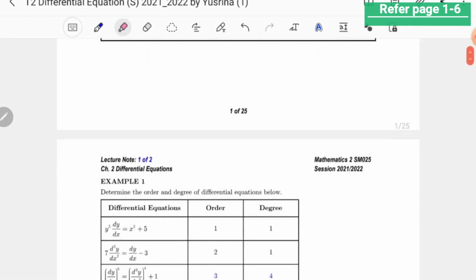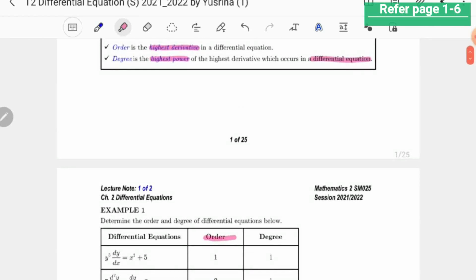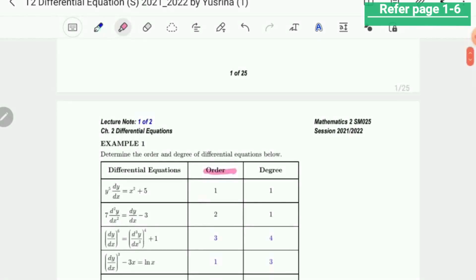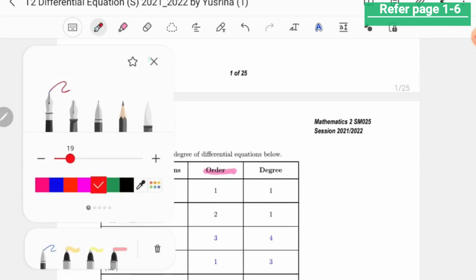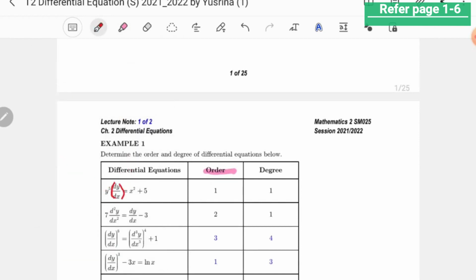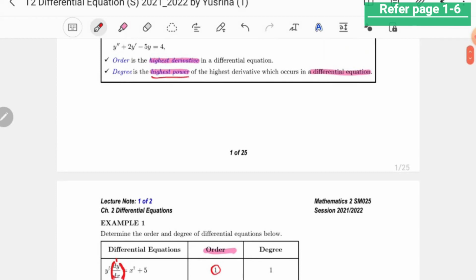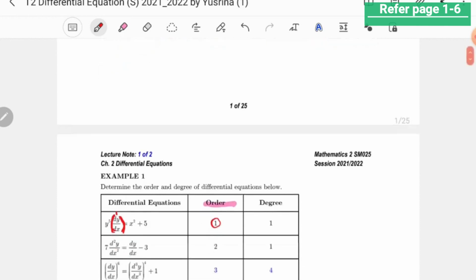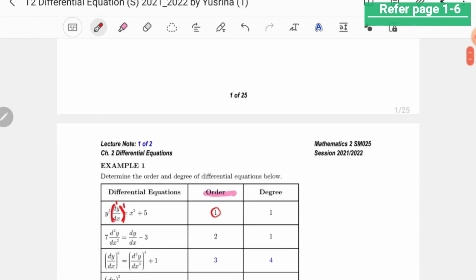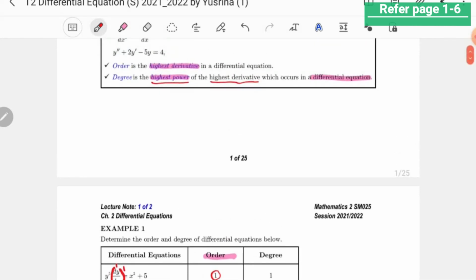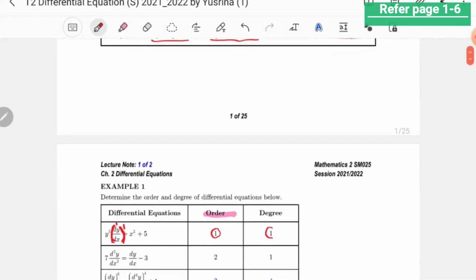So for the order, this one is the highest derivative, with power of 1. So the order equals 1. And then degree is the highest power of the highest derivative which occurs in the differential equation. So this one, the highest power is 1.